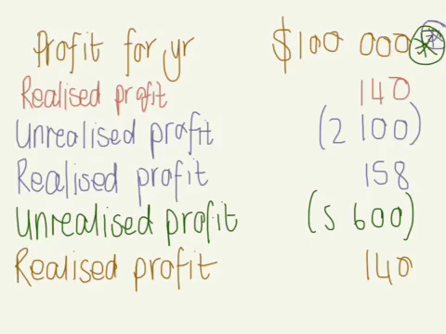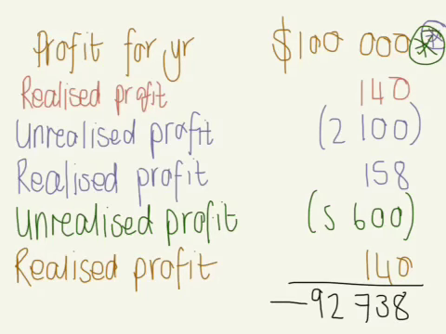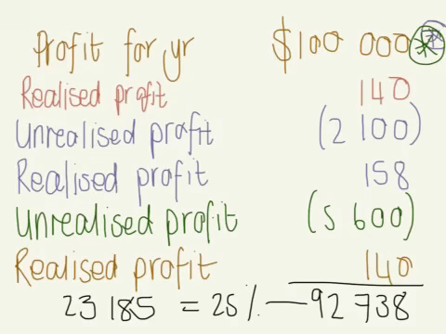Okay, so this then helps us to calculate the investor's share of the associate's profit and loss for the year. So if I'm correct, this should be a total of 92,738. The investor has a stake of 25%. So the investor's share of the associate's profit for the year is then 23,185 approximately.